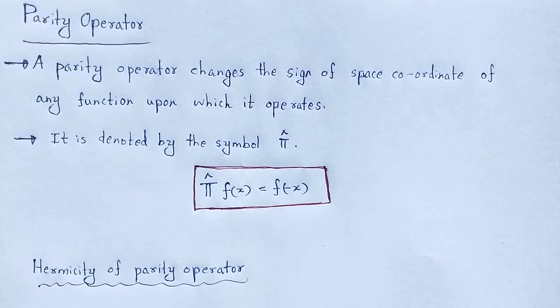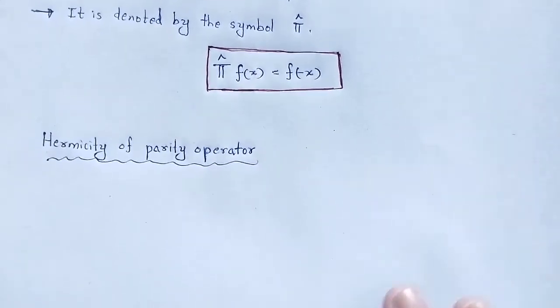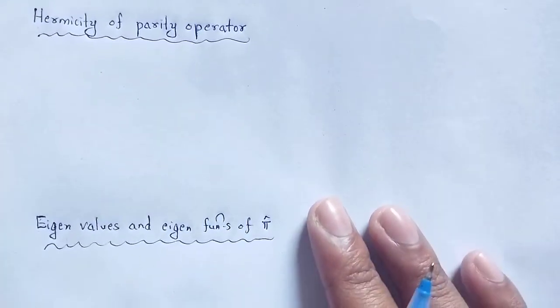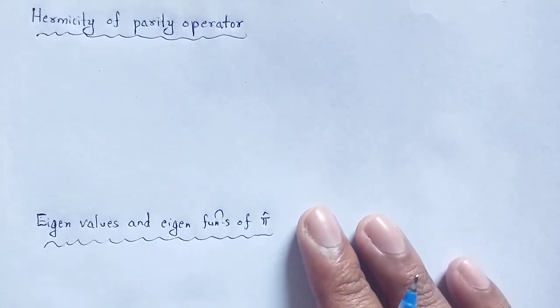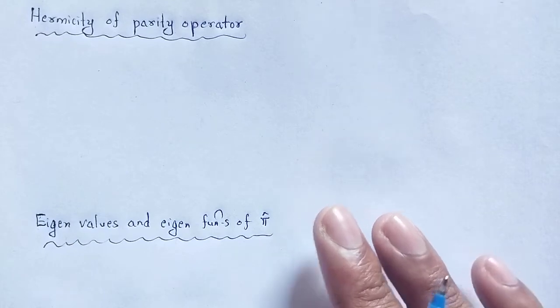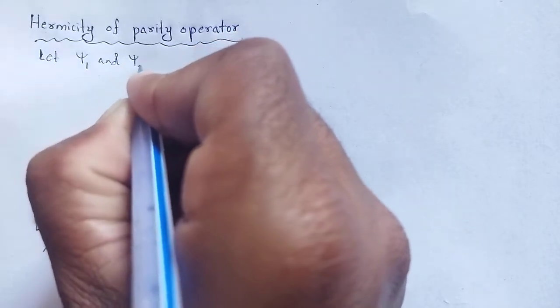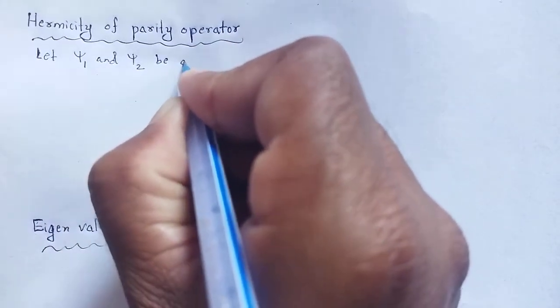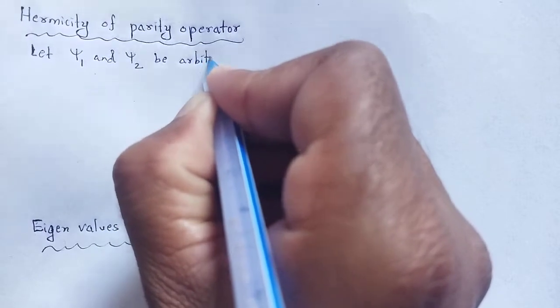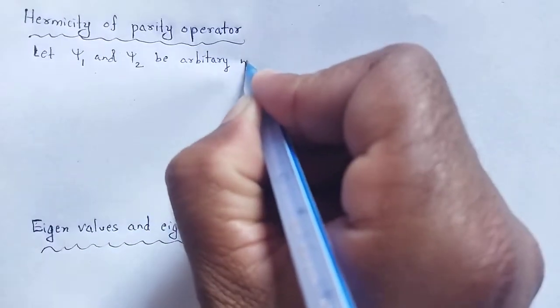Now, we have to show the Hermiticity of the parity operator. For arbitrary functions, let psi 1 and psi 2 be arbitrary wave functions.